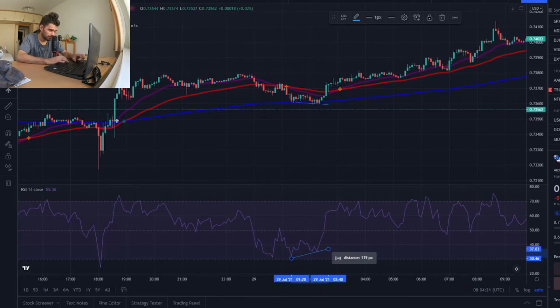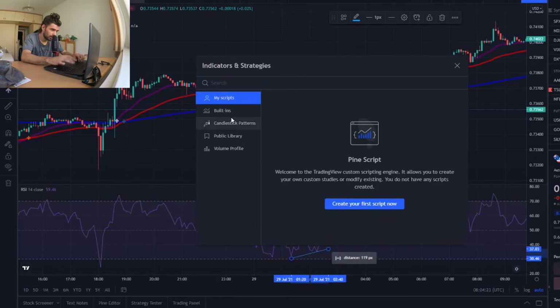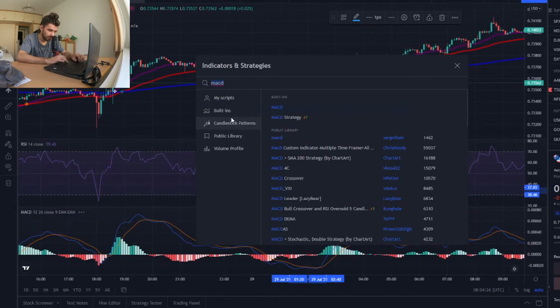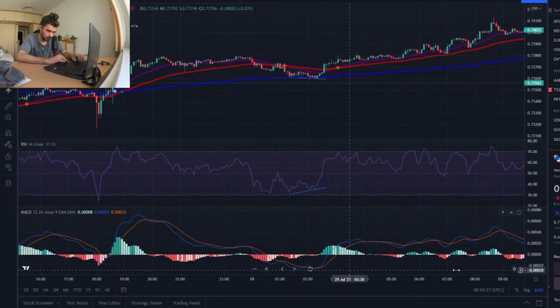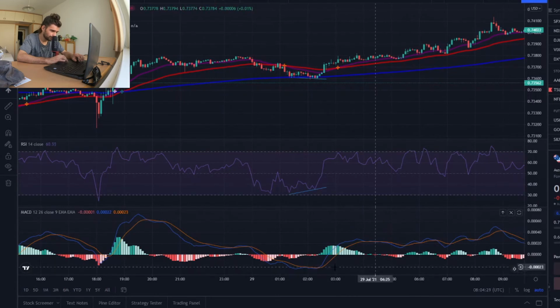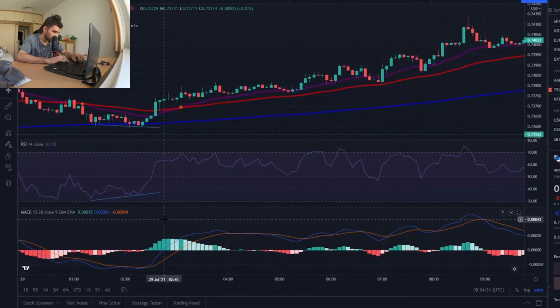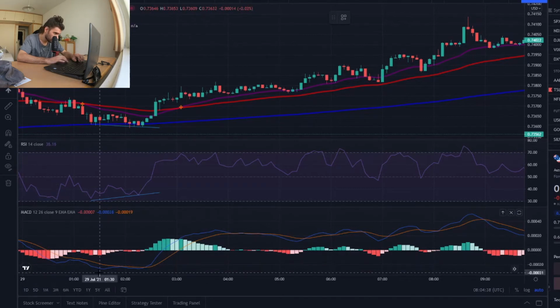And another one is the MACD, which I like. If you take a look at it, we saw a break below the 0 point, and we never had a cross. Then suddenly the first cross here, we could say this one was a cross, though it's hard to say at this point.